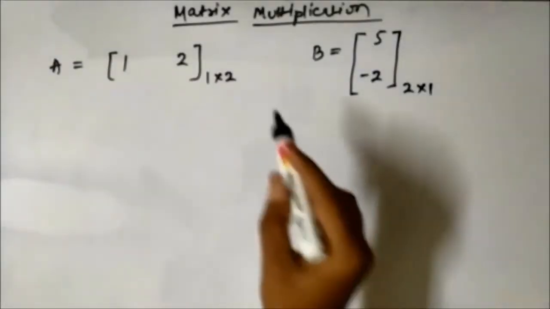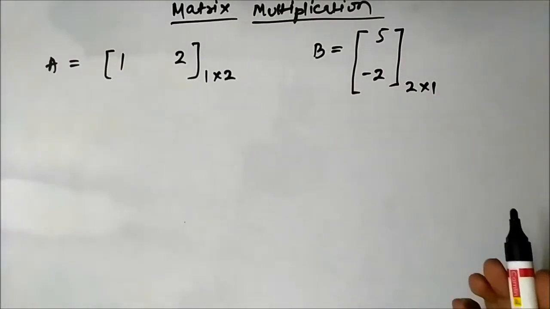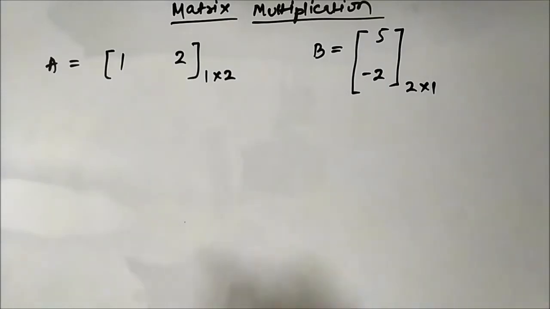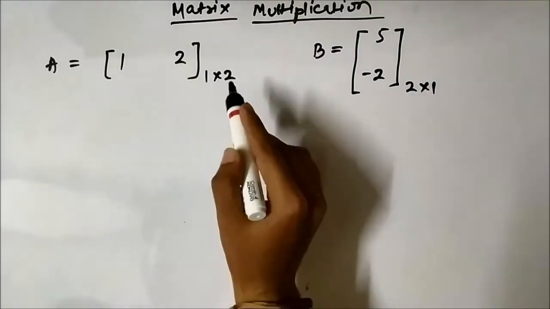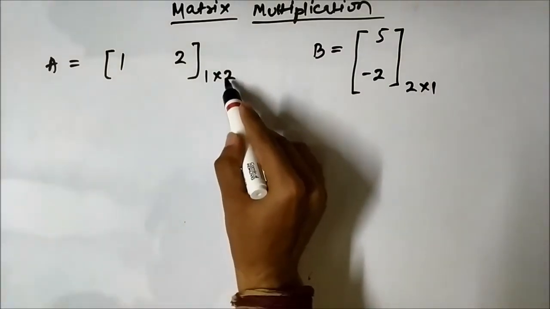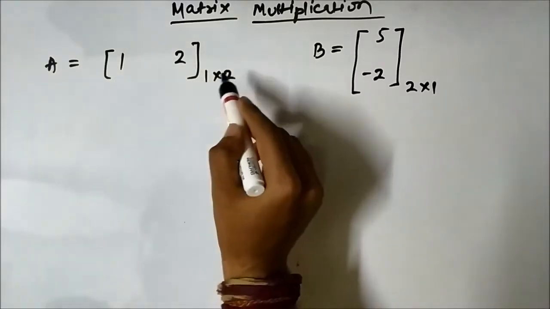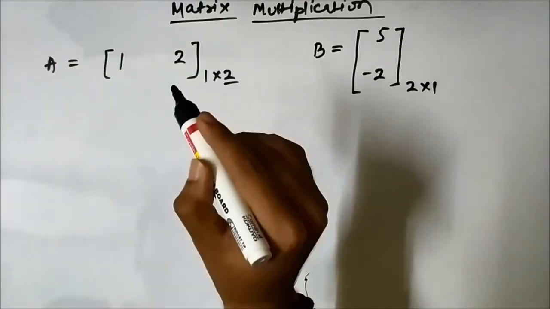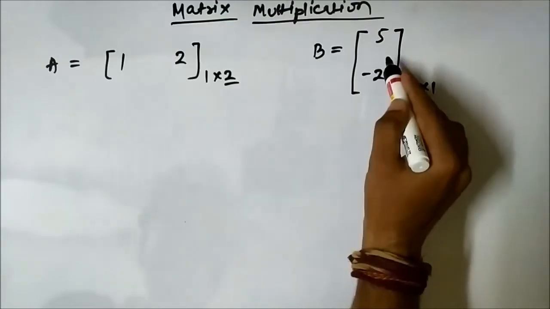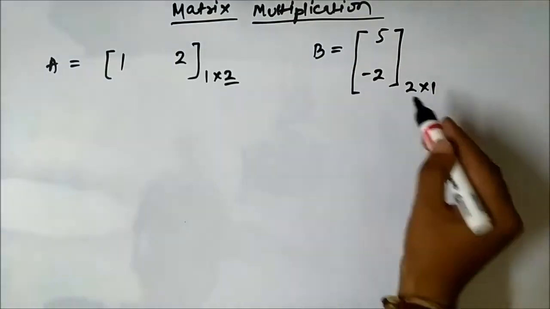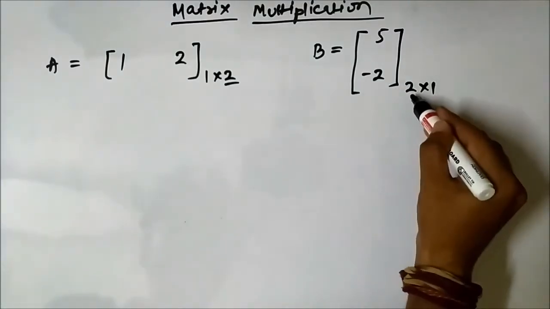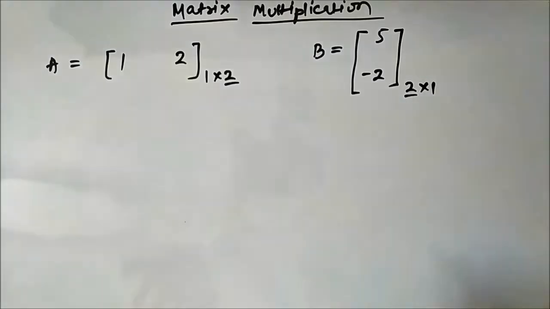Now, are these two matrices eligible to be multiplied? Let us check that. Here, the number of columns of the first matrix A is equal to 2 and the number of rows of the second matrix is equal to 2.